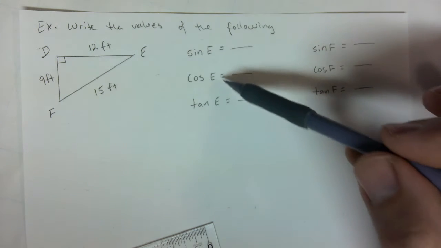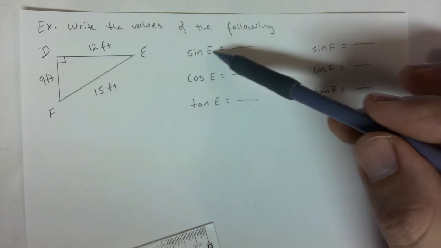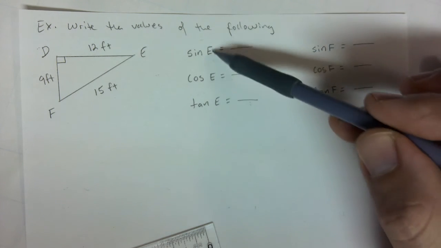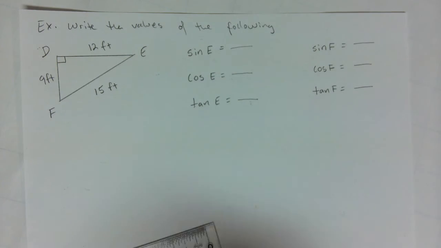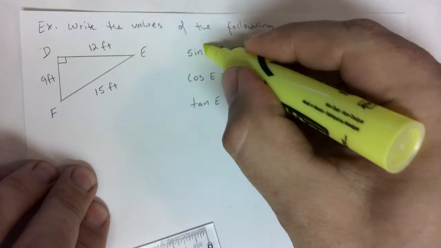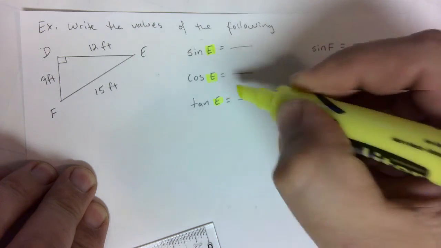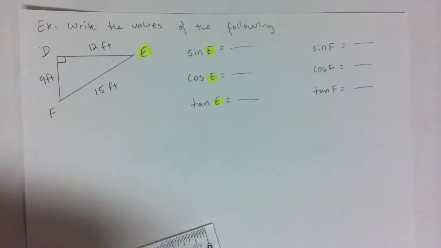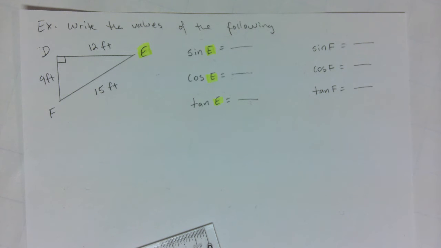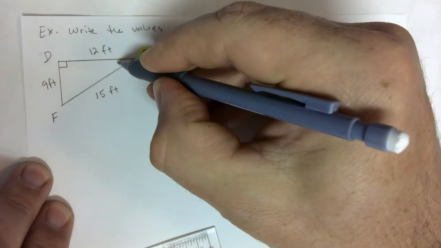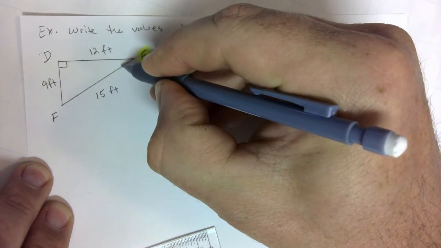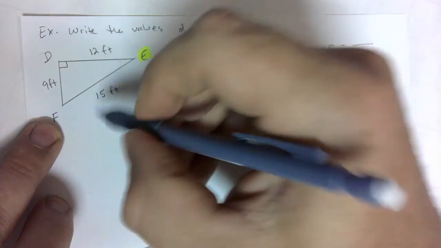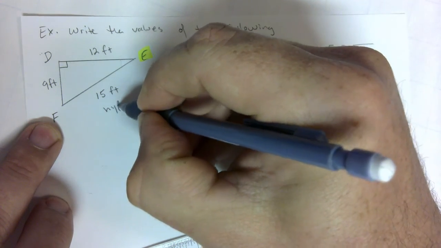Notice that I could have mixed it up, E and F, but I just stuck with E here. Okay, so I will highlight the E's here because right now my reference angle is E. Okay, so for E, if this is the reference angle here, I will still call this the hypotenuse right away.